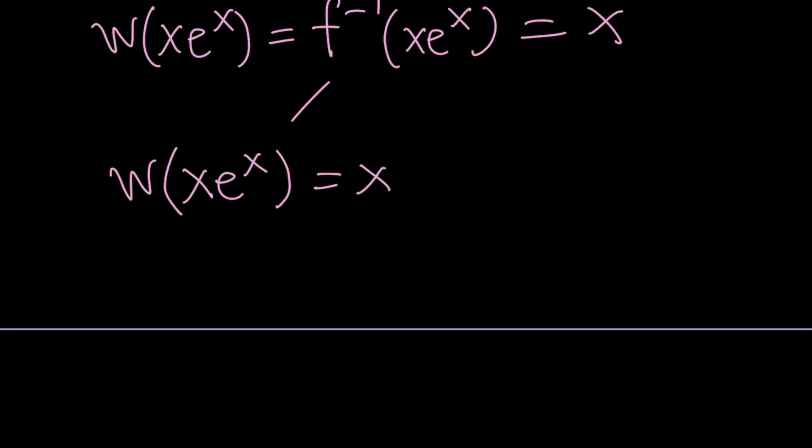So in other words, Lambert's W, or you can just call that the W function, or just Lambert, whatever, is something that takes x e to the x as an input and returns the x. So if you can write anything in this form, then its output is going to be fairly easy. Make sense? Let me give you some examples.